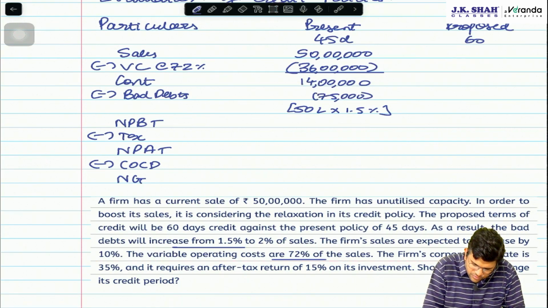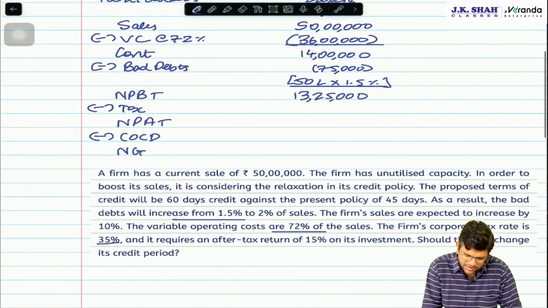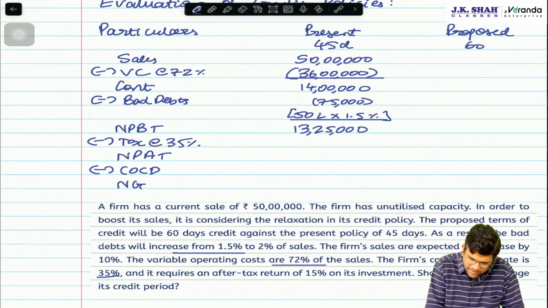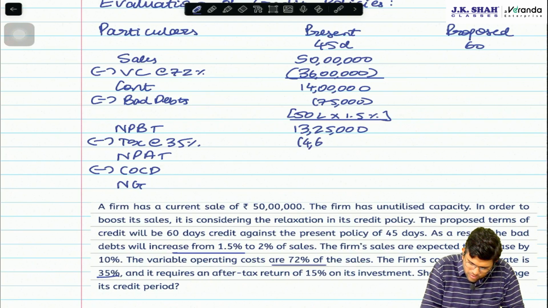With 75,000 bad debt, we will get a net profit before tax of 13,25,000. The tax rate given in the question is 35%. So tax at the rate of 35%: 13,25,000 multiplied by 35% comes to 463,750.